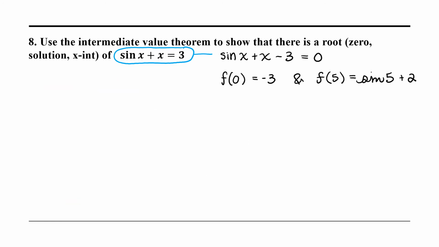Now that we've found an a and a b and an f of a and f of b, we need to state our conclusion. So we'll just summarize our hypotheses that we've shown are true so far.